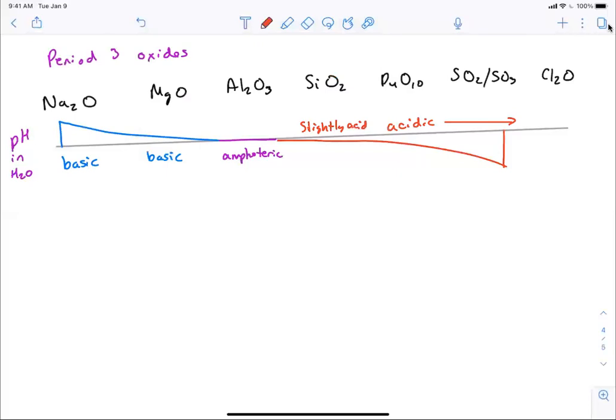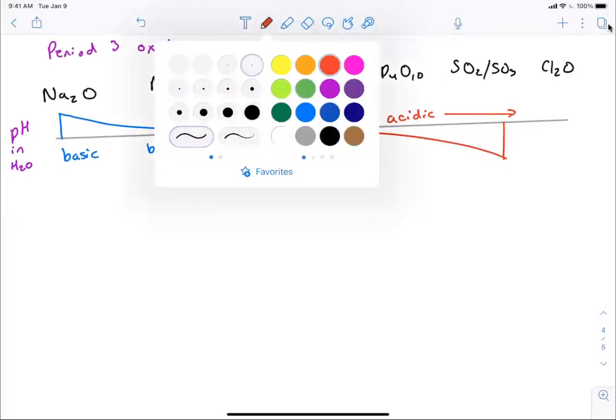And so there will be a decrease in basicity there, and then it'll become more acidic as you go across. But that also requires you to know some reactions that are occurring here, okay?